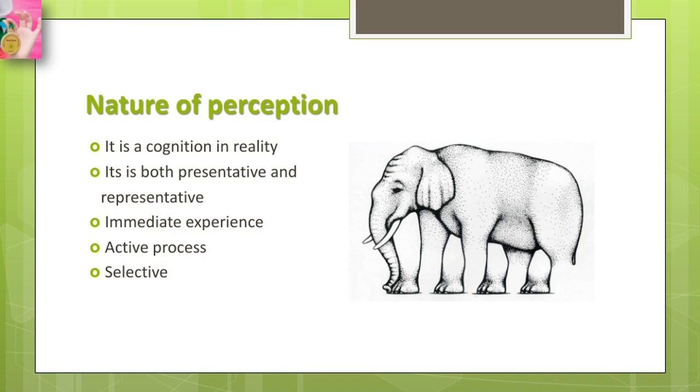So perception is an active process. Then the last one is that perception is selective in nature, because we perceive only those objects or persons that come into the inner focus of attention and do not perceive those which are in the margin.